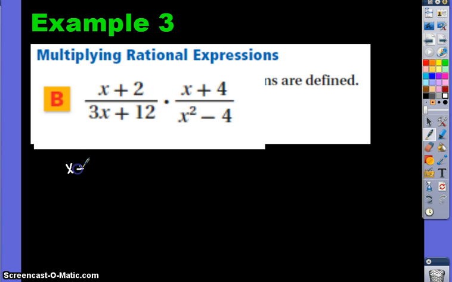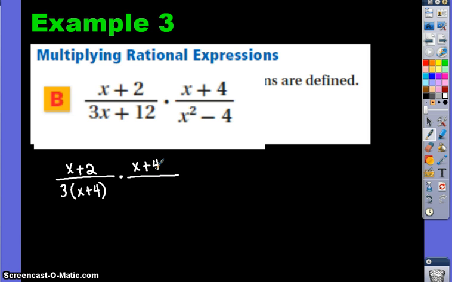We have in our numerator over here x plus 2, and that won't simplify. But we can factor a 3 out of the denominator, which would be 3 times x plus 4. And then times, over here you'll see why we did that, because we have another x plus 4 right there.